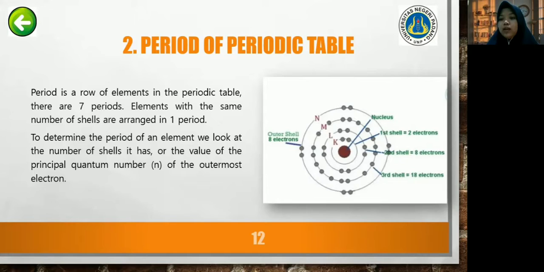In the second shell, the maximum is 8 electrons, and the third shell has a maximum of 18 electrons, and the outer shell has 8 electrons.